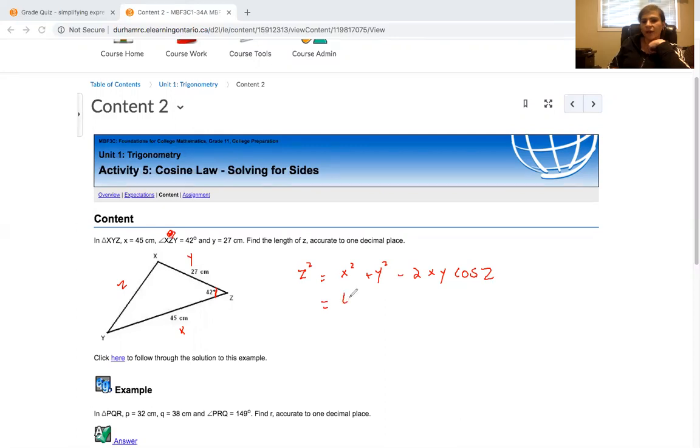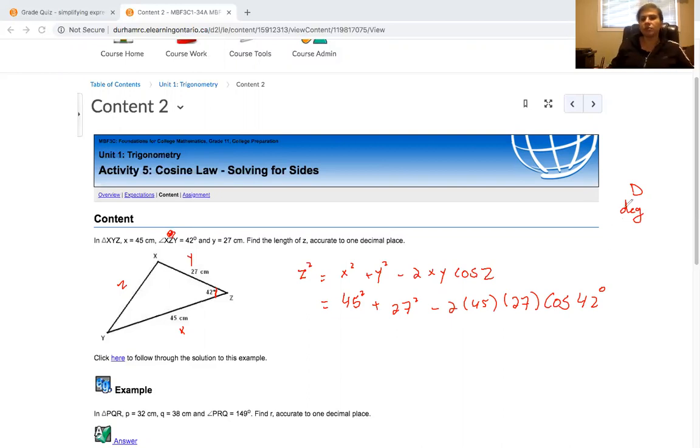X is 45, so I'm looking at 45 squared plus 27 squared minus 2 times 45 times 27 cosine angle 42. Make sure your calculator is in degree mode, so it should say D on the top of the calculator, or it should say DEG or nothing, okay?